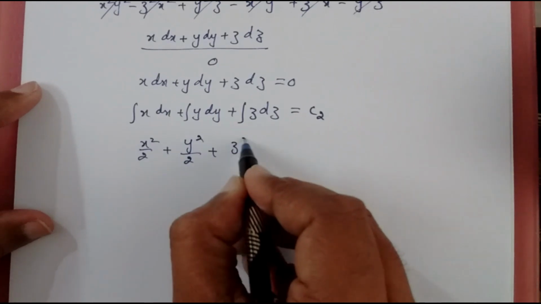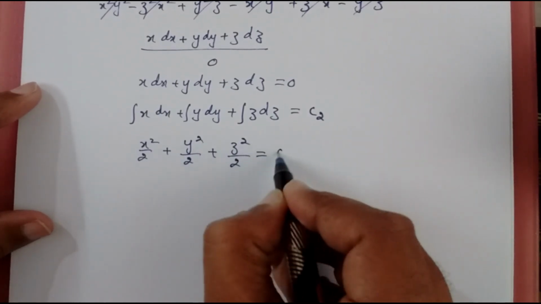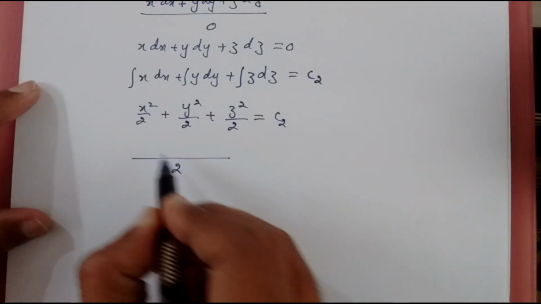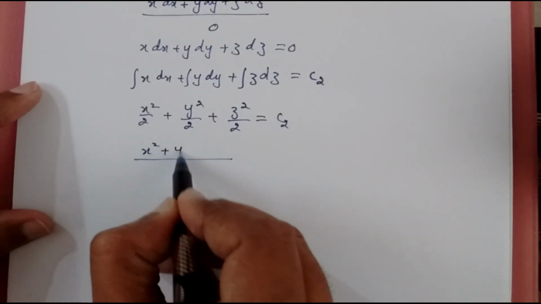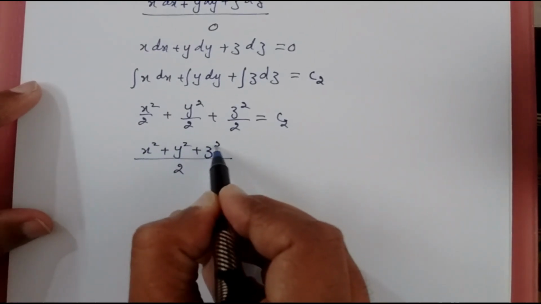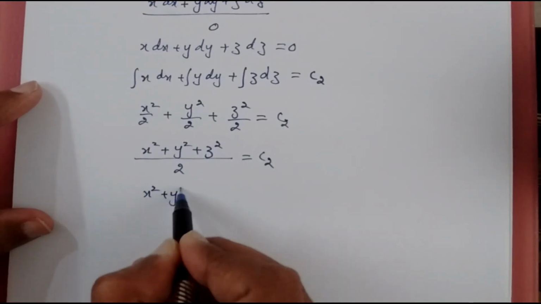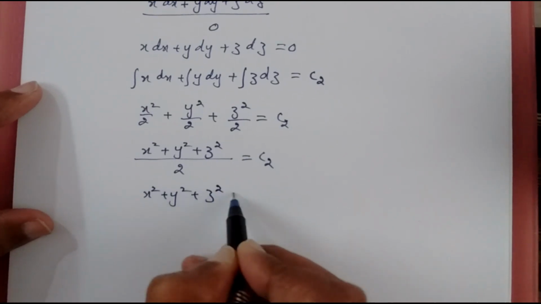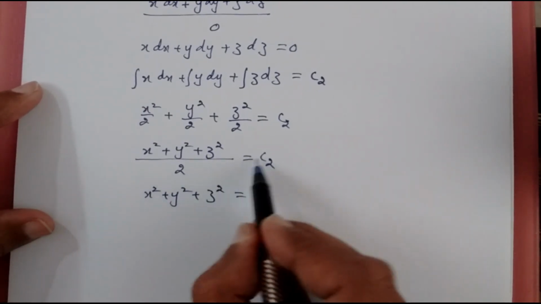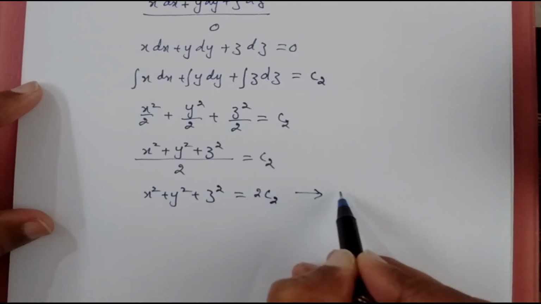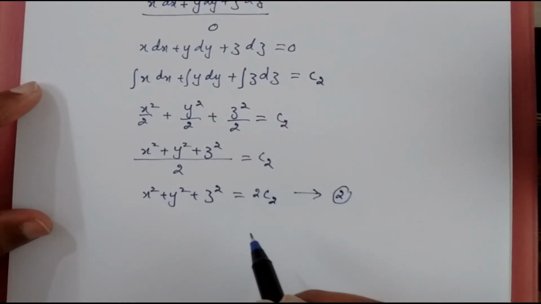Integral of z will be z square by 2 equals c2. Or if you take the LCM as 2, you will get x square plus y square plus z square equals c2. Or x square plus y square plus z square will be equal to, if you cross multiply 2 on the other side, it becomes 2 times c2. So let us take this as the second solution.